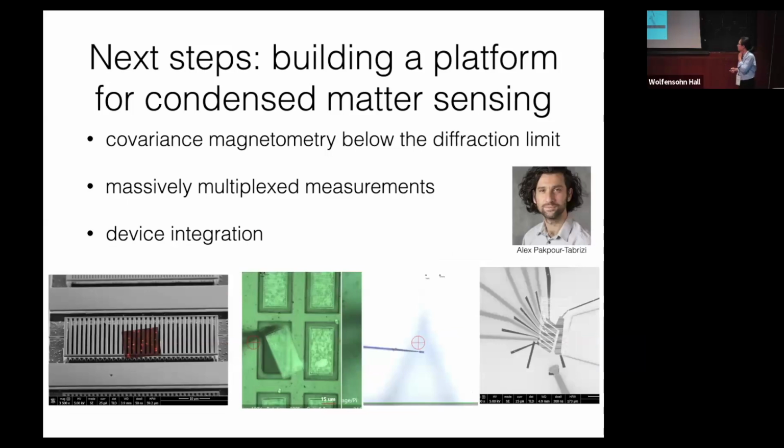Okay, the last piece, this is sort of a technical piece, but in order to actually do condensed matter sensing, you need to have some way of bringing the quantum sensors to the thing that you want to sense. And they need to be pretty tightly coupled because any offset is going to go into your spatial resolution. I think there's actually a big graveyard in this space where people try to do fabrication directly on the diamond.